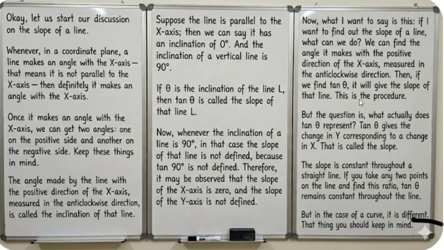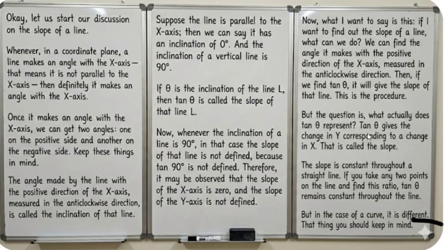This is the procedure. If someone asks you to find the slope of a line, you first find the angle that line makes with the positive direction of the x-axis in the anti-clockwise direction, and tan of that angle is nothing but the slope of the line.